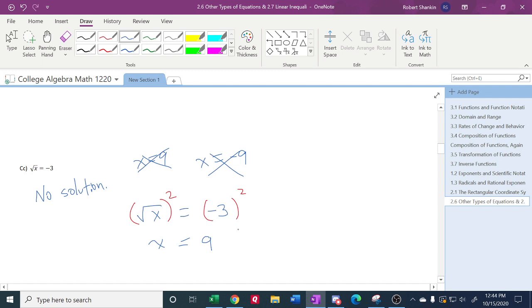And this is called an extraneous solution. It means the solution process tells you it's a solution, but it's not really the solution. There's no solution, so you have to throw it out. But it's something to be aware of when we're solving equations that have square roots in them, which is what we're going to get into today.